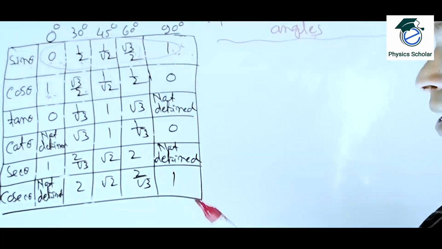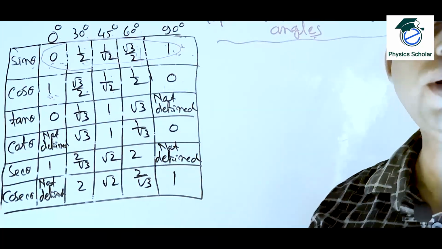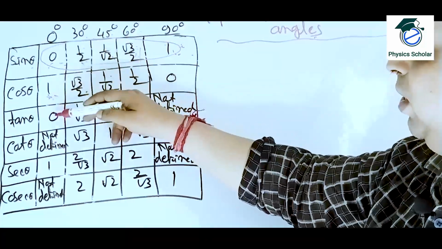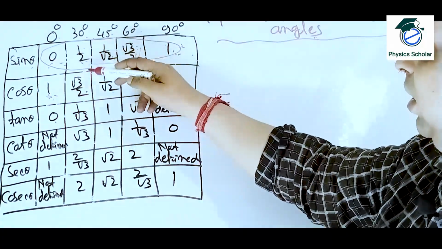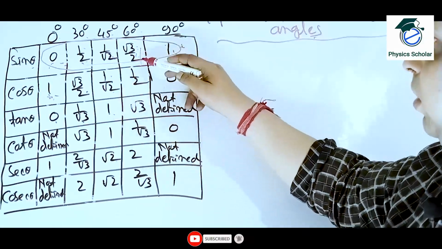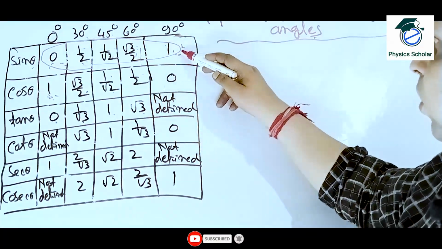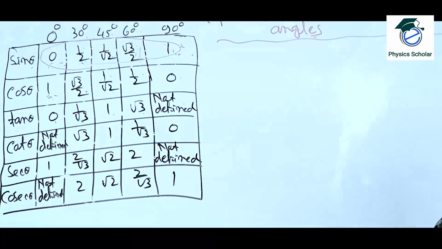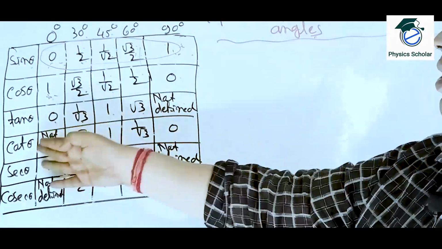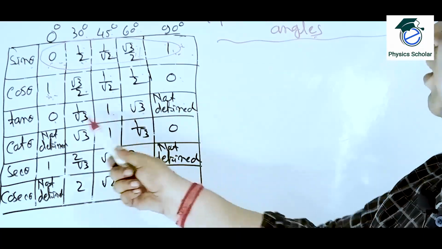Clear? Tan is nothing but sine by cos. So sine by cos means 0 by 1 means what? 0. Clear? This by this means 1 by root 3, this by this means 1, this by this means root 3 and 1 by 0 means not defined. Clear? And whatever you are writing tan, the cot will be just the reverse of that.